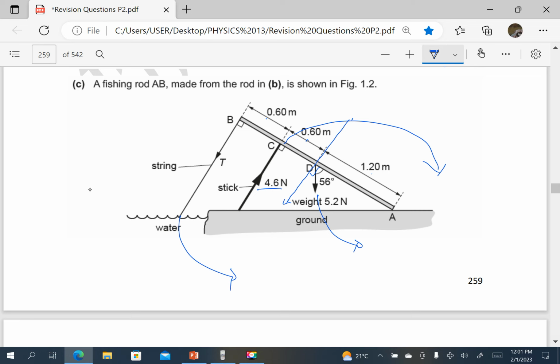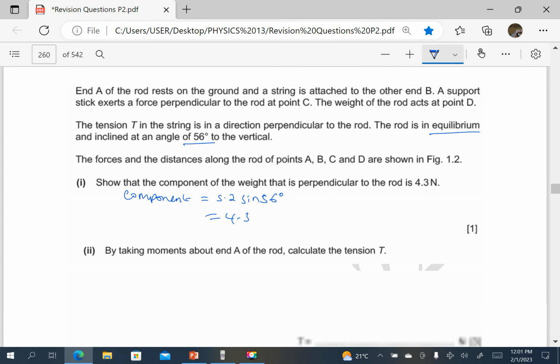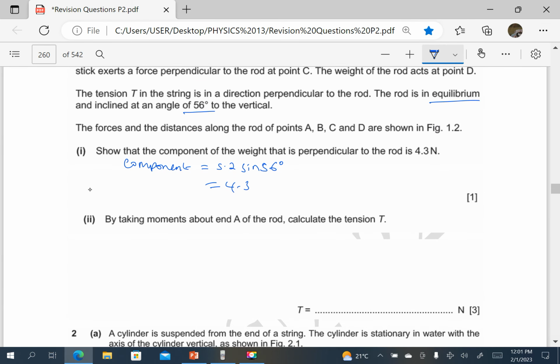And then for weight, we have got the component, which is 4.3, and the perpendicular distance is just going to be 1.2. So now we have taken moments. So T times its perpendicular distance from A, which is 2.4, plus 4.3, that is the component of the weight, and its perpendicular distance 1.2, which is equal to 4.6 times the perpendicular distance, which we have seen as 1.8.